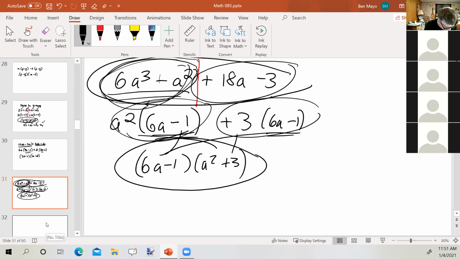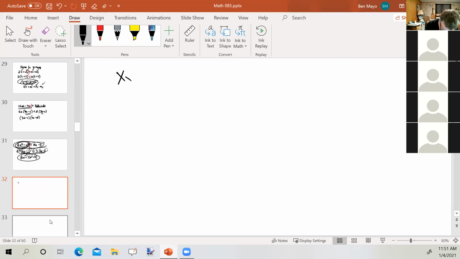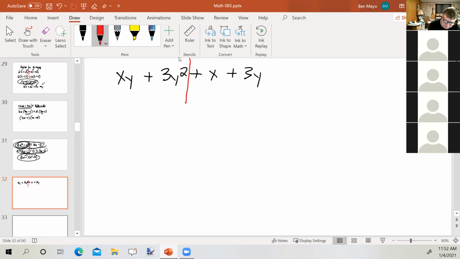Okay, so now let's say I've got xy plus 3y squared plus x plus 3y. I'm going to split it up into two groups of two. The greatest common factor of the first two groups is y, and I've got an x plus 3y left over.